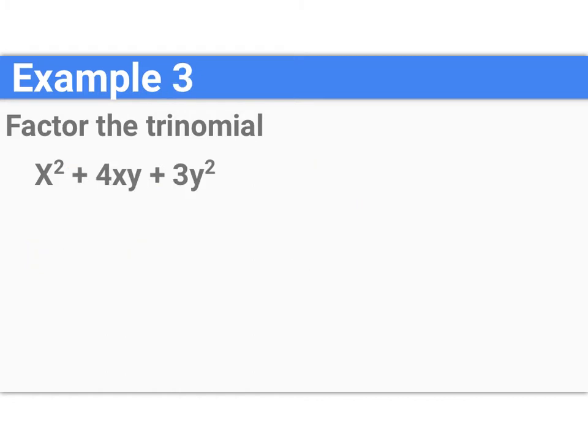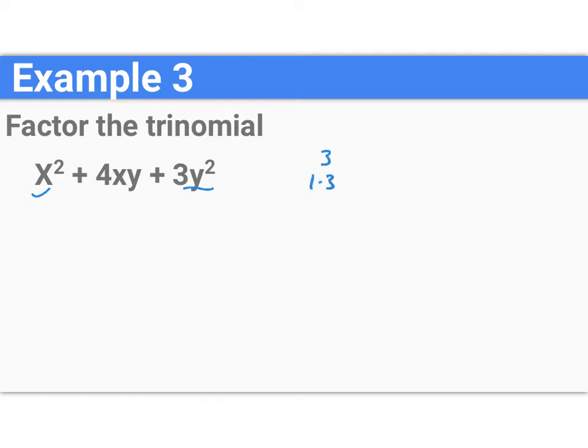Okay, so factor the trinomial, this one. You have a square term at the end and a square term at the beginning. So where's our constant? What do we do? How do we get there? What number factors of 3 multiply to make 4?